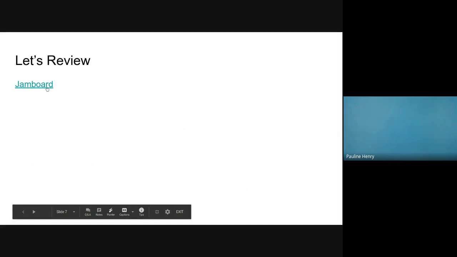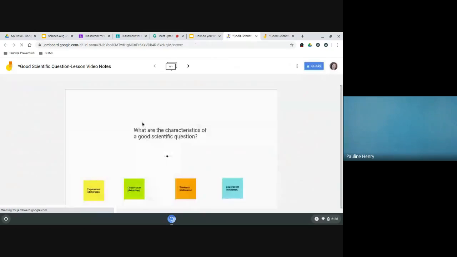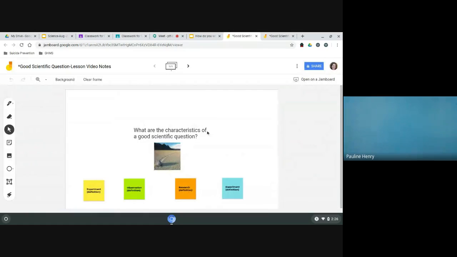Let's review. What are the characteristics of writing a good scientific question? Well, it needs to be in the form of a question.